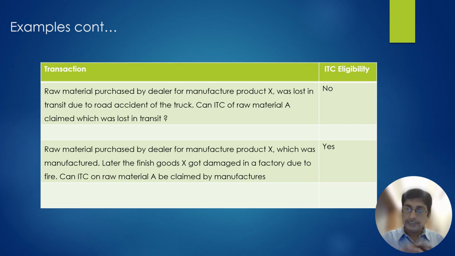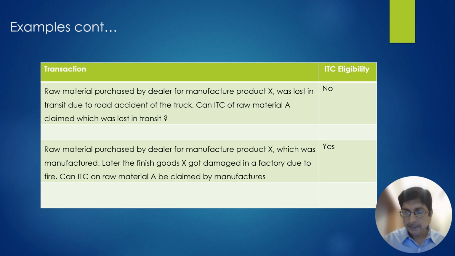The GST credit is available because it is transformed. Raw material A is transformed and product X is manufactured. Therefore, the GST credit is available on the purchase of raw material A.